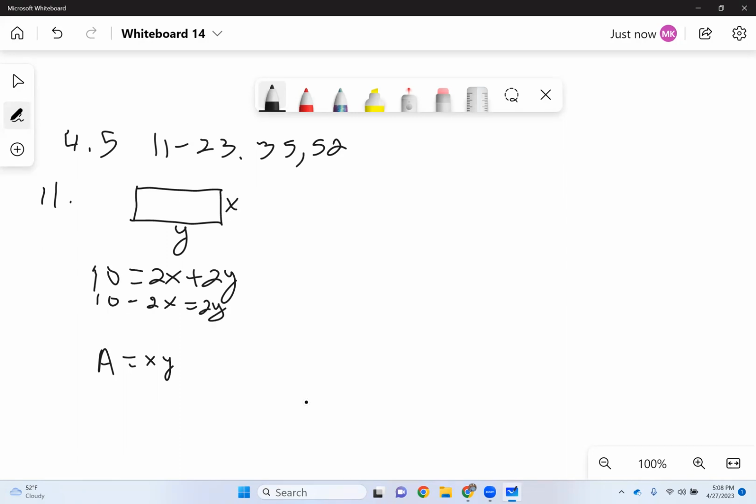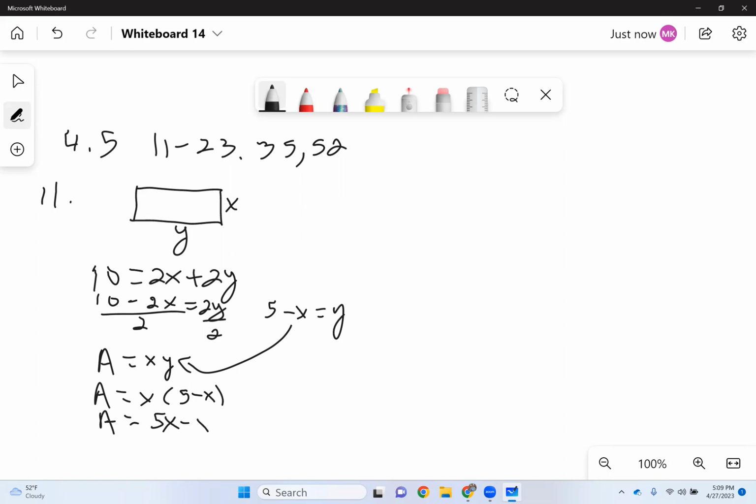Divide everybody by 2 and I get 5 minus x equals y. Substitute that in: area equals x times 5 minus x. Distribute the x, so area equals 5x minus x squared.